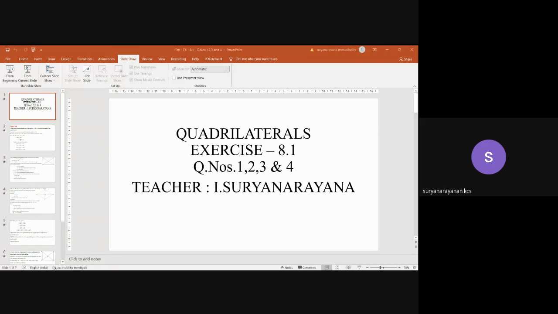The angles of a quadrilateral are in the ratio 3:5:9:13. Find all the angles of the quadrilateral. Here the ratio of the angles was given, and we had to find the measurement of these 4 angles of the quadrilateral.